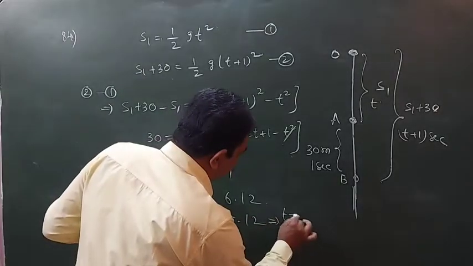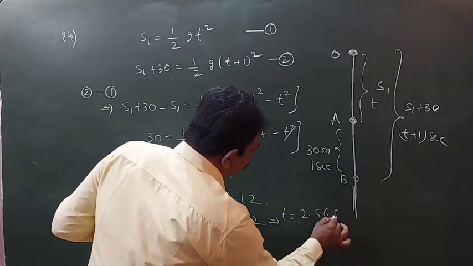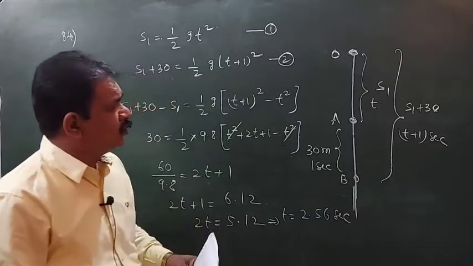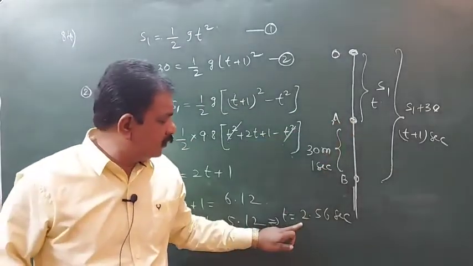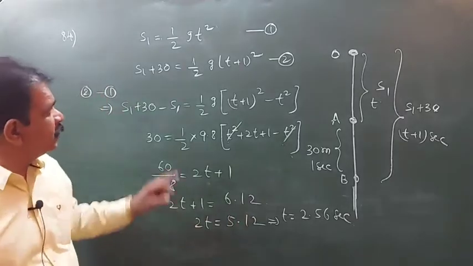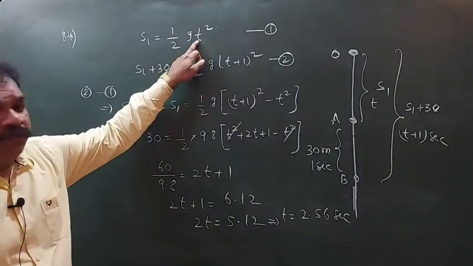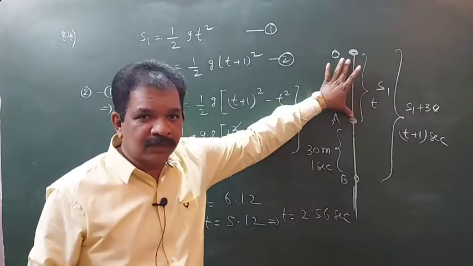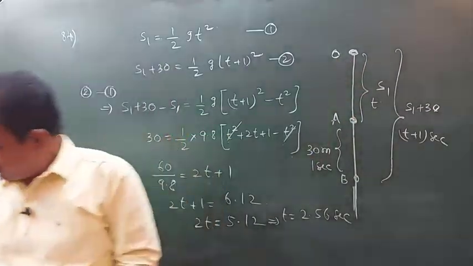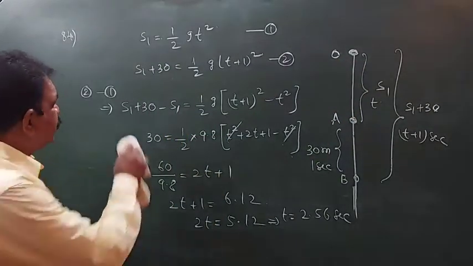From this, t value will be 2.56 seconds. So time to come from here to here is 2.56 seconds. If you substitute the t value, you can find the answer.